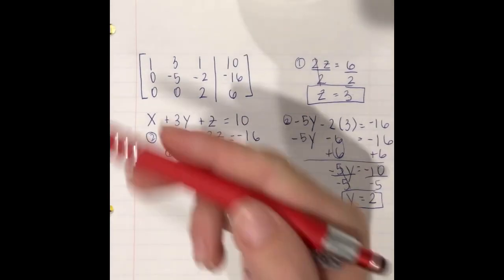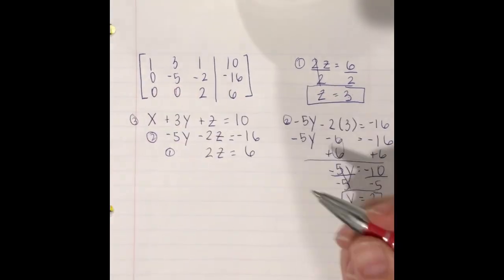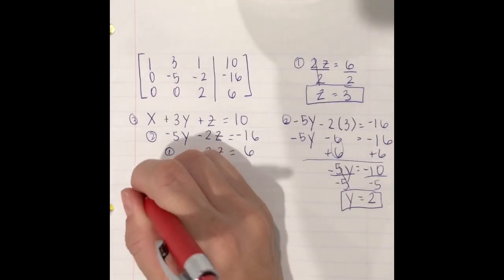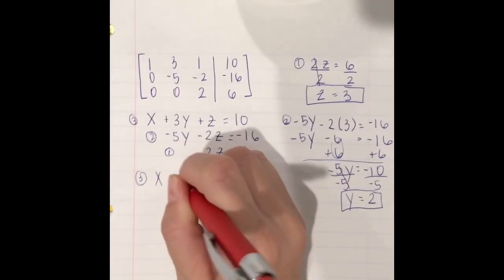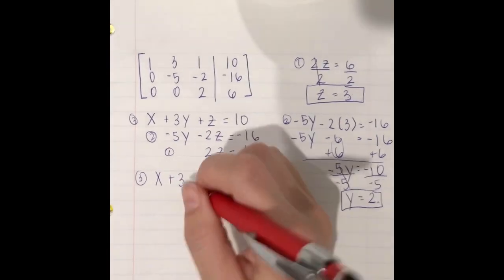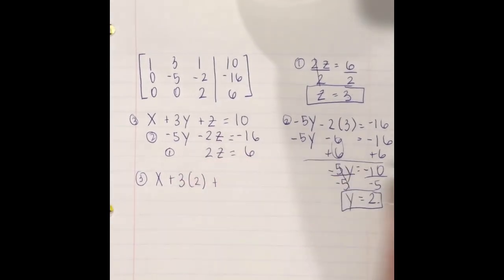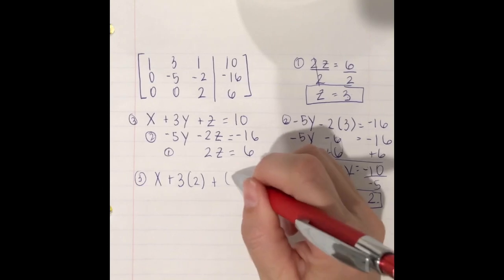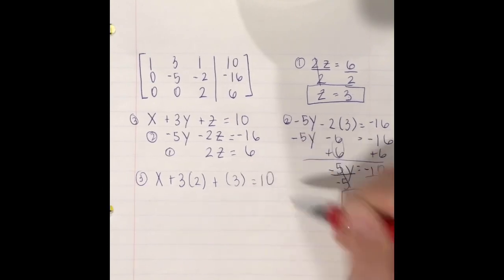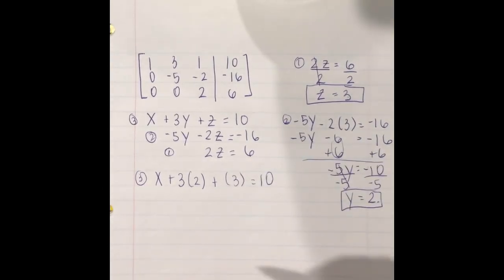And lastly, we want to find our x. Okay? So we're saying x plus 3 times my y, which is 2, plus my z, which is 3, equals 10. Okay?